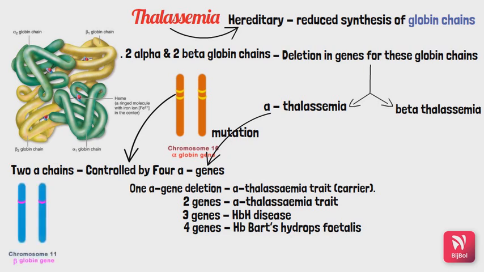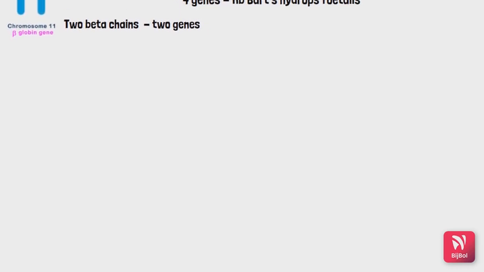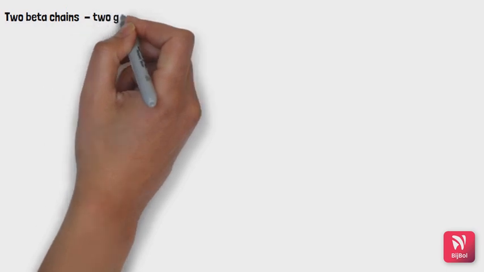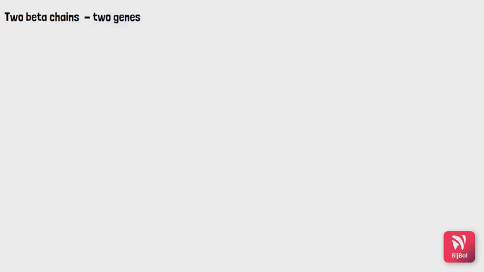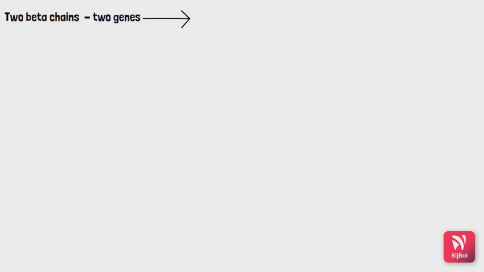And if you see beta thalassemia, the genes are present on chromosome 11, and one beta globin chain is controlled by 1 gene only. So 2 beta chains are controlled by 2 genes. Here the mutation occurs at a transcription or translation level.